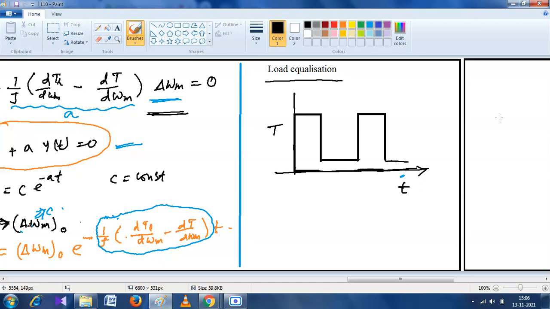Yes, sir. Okay. Then what should be the current of that motor with respect to time? What should be the current curve? The nature of the current curve should also be like that. करंट कर्व कैसे होगा वो मोटर का?